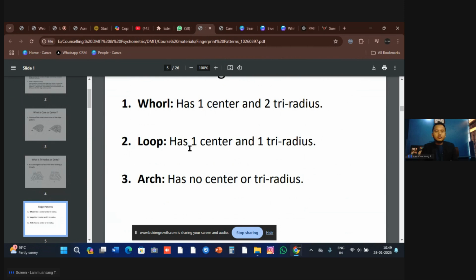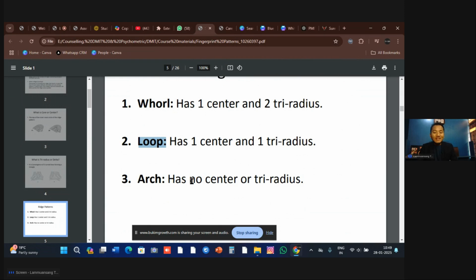Now I have already told you, double wall will have what? Two centers and two tri-radius, that is double wall. Now wall only has one center and two tri-radius. Whenever you see wall, that means this is the dominant type. If you want to write it down, write it down: dominant personality. When you see loop, there is one center and one tri-radius, it is always steady personality.